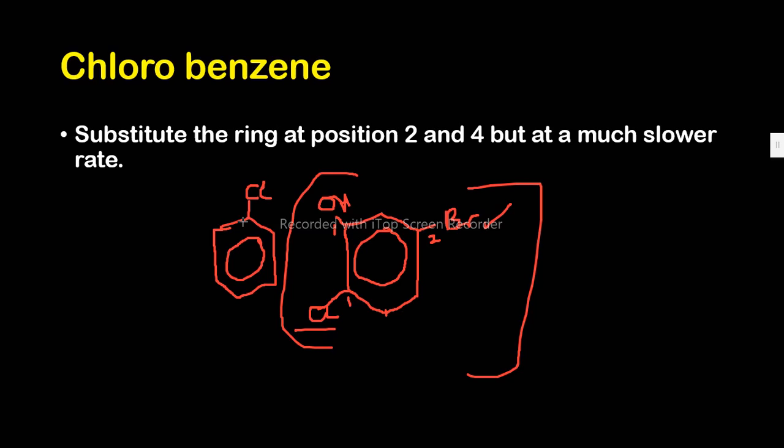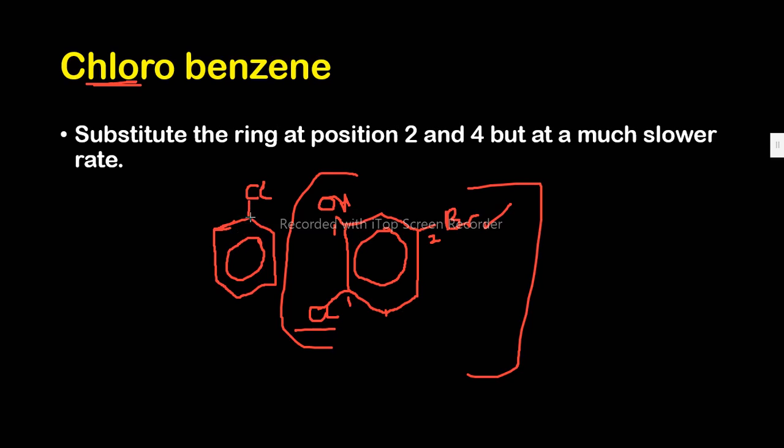So therefore with chlorobenzene, the halogen, the chloride in this case, attaches on a benzene ring. Now it deactivates the ring, however, the incoming electrophile is directed to the ortho para position. Now why does it deactivate the ring? It's because it is more electronegative than the carbon atom here.